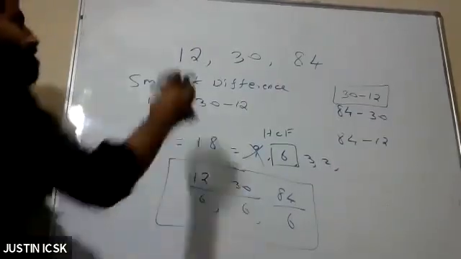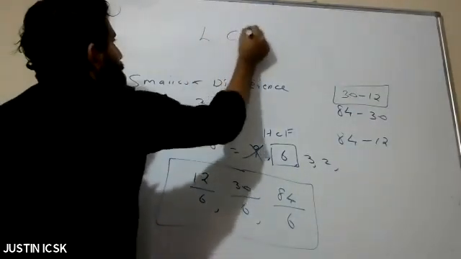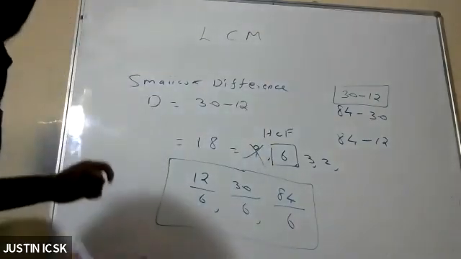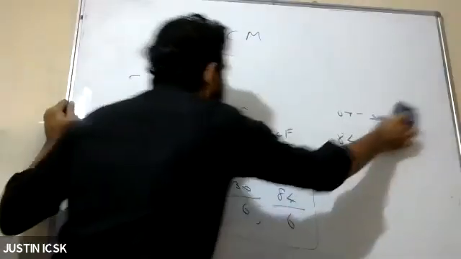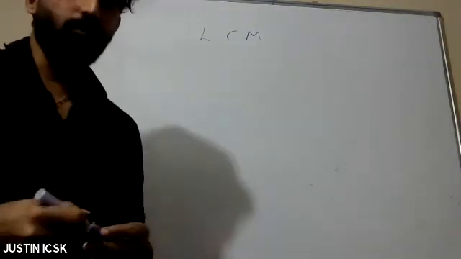Now LCM. LCM only we are using mainly, right? Least common multiple. Everywhere we are using LCM only. When you are finding algebraic expression, subtraction, difference, also we are using LCM only.